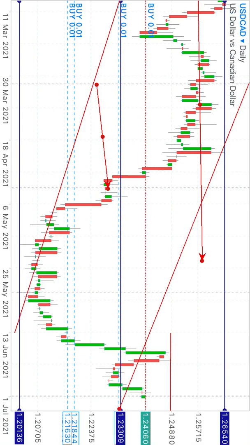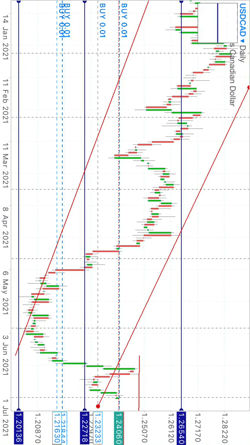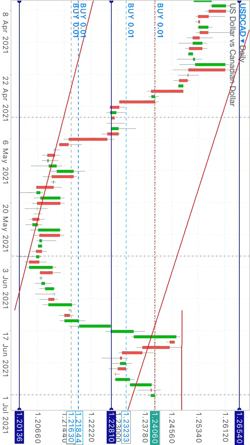Then moving to day one. There is this order block over here at 1.22810, right?